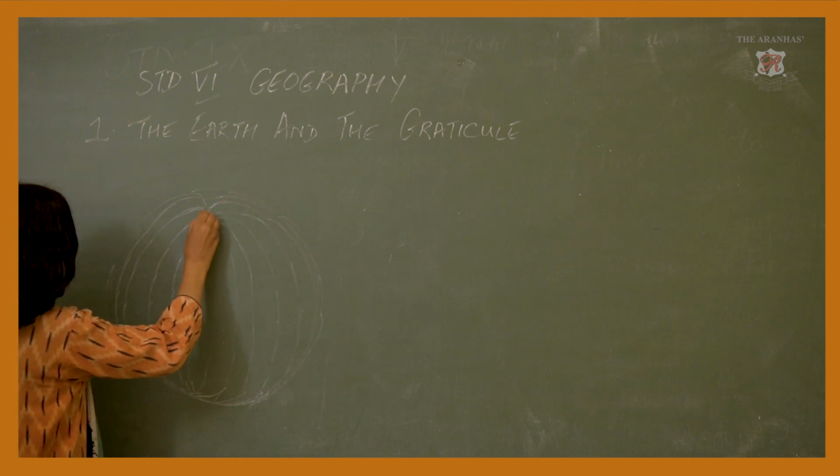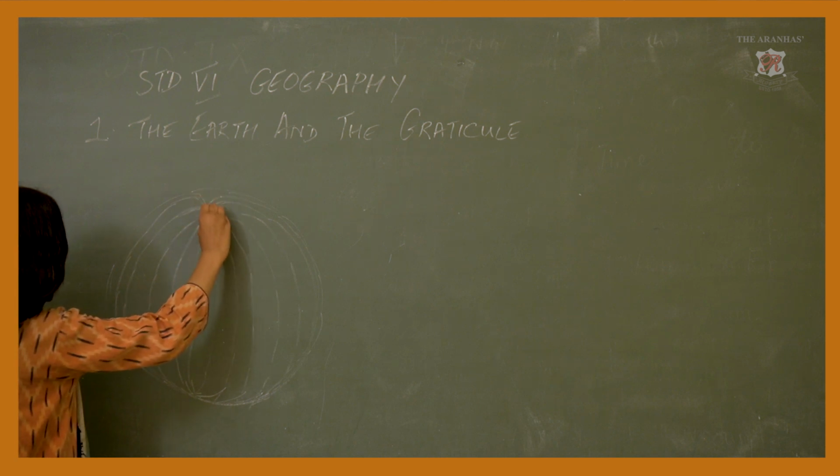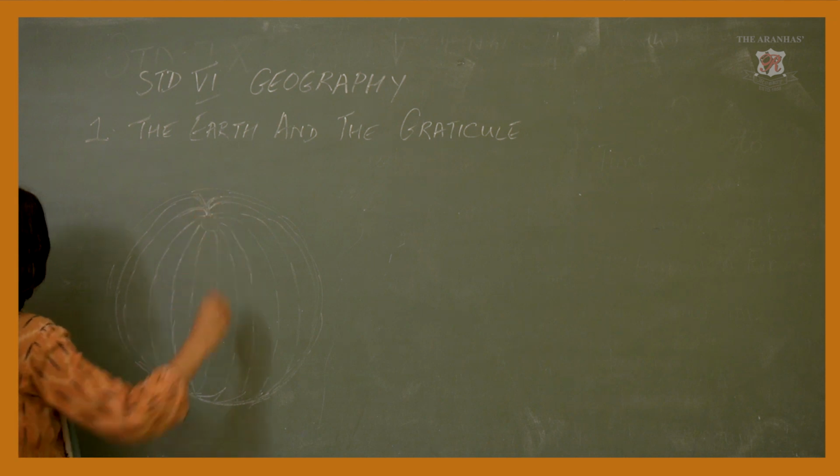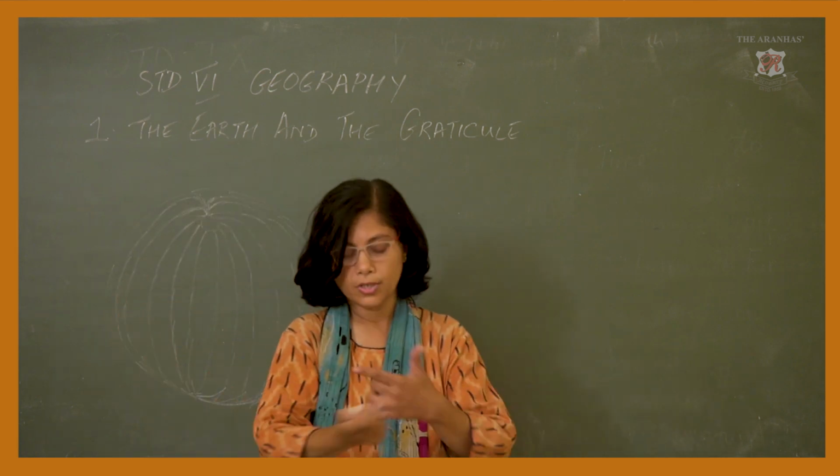So, this is the pole, they are all converging there. And then you have the latitudes which go circular.